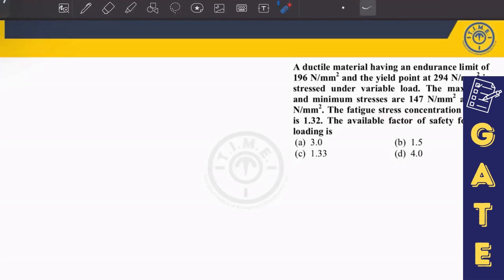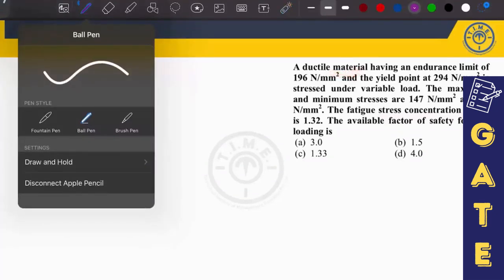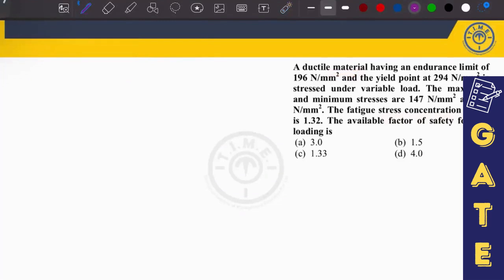So you have to calculate for a ductile material again, which equation you will use. So always remember, they will not mention every time the Soderberg or Goodman. Sometimes they will represent a material, so they have mentioned it as ductile.